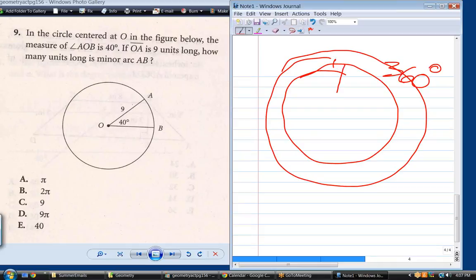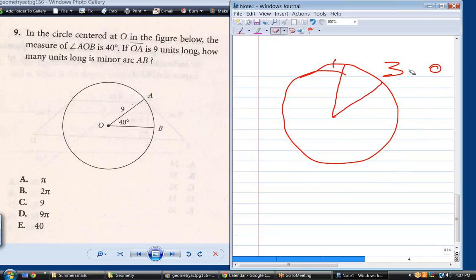Likewise, if I have a segment of the circle, a pie piece, cut out, and this is a 40-degree angle here, that is a 40-degree arc. Not 360 degrees, but 40 degrees.